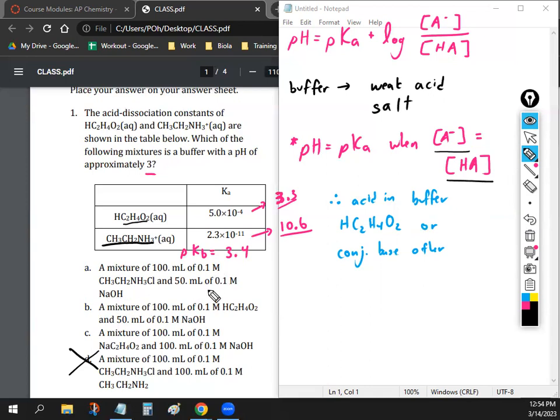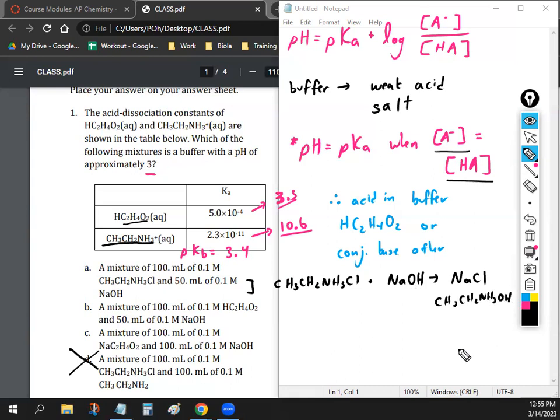Now if you write the reaction for this right here, we can figure out that this one is not going to work. It's going to be NaCl, so that's going to be one of the salts, and then you're going to put the OH on this one, so it'll be CH3CH2NH3OH.